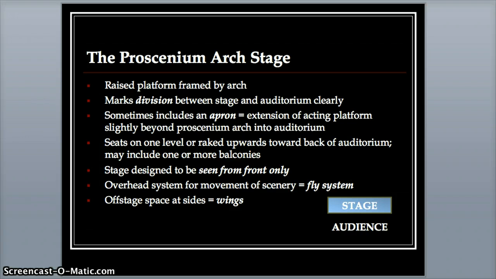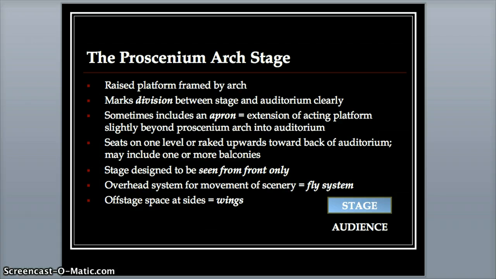Let's see, where are we? Stage design, right, is intended to be seen from the front only. And usually in a proscenium house, above the stage house section itself, is a fly system, which helps facilitate the changing of scenery, the manipulation of lighting in the theater, draperies for masking, etc. And there's often offstage space at the sides of the stage.